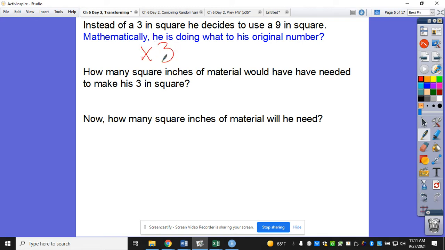Multiplying by 3. Now, how many square inches of material would he have needed to make a 3-inch square? Right. Now that his is 9 inches, how many square inches of material will he need?